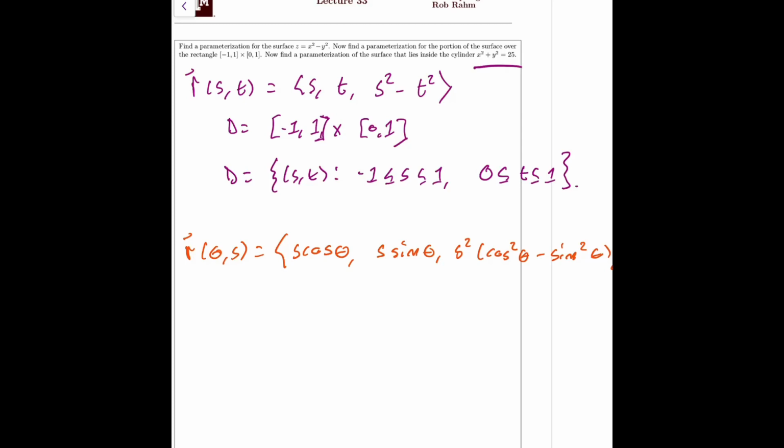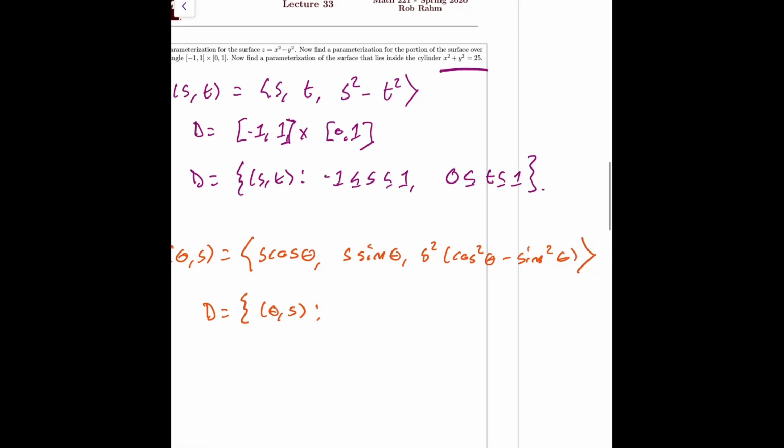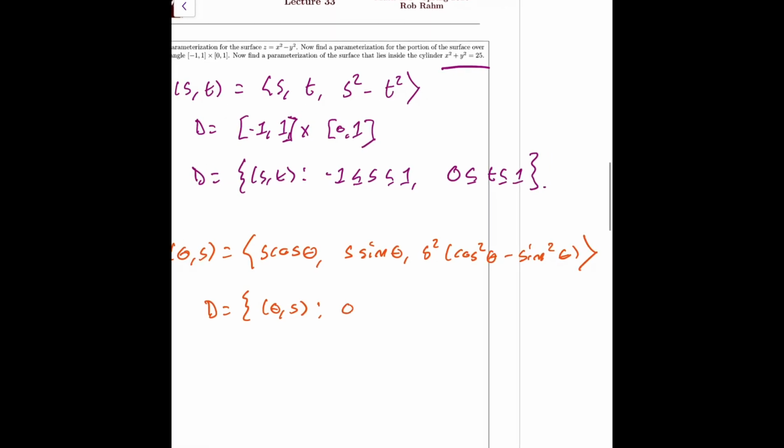So for the parameter domain, we want theta and s to satisfy the following: theta goes between 0 and 2 pi, and s goes between 0 and 5.